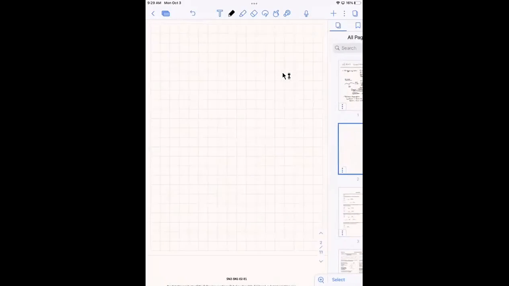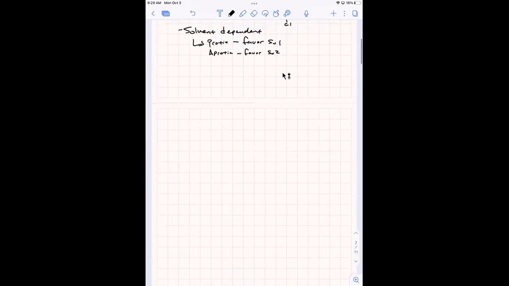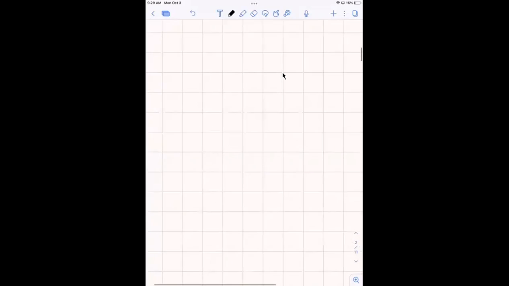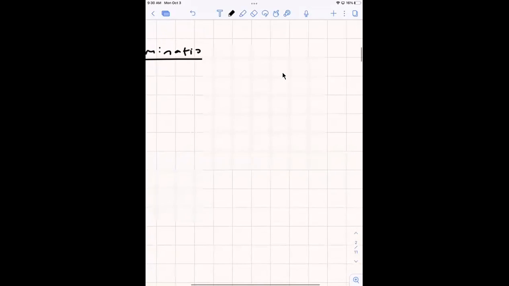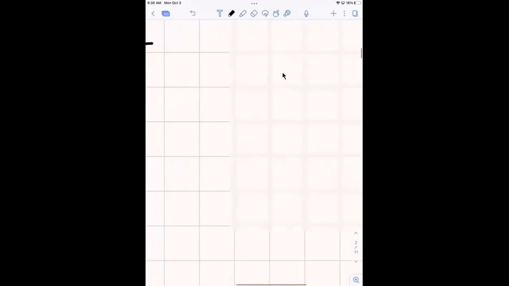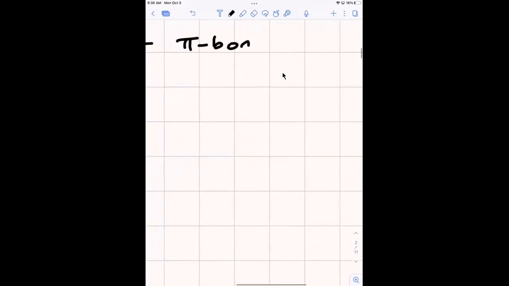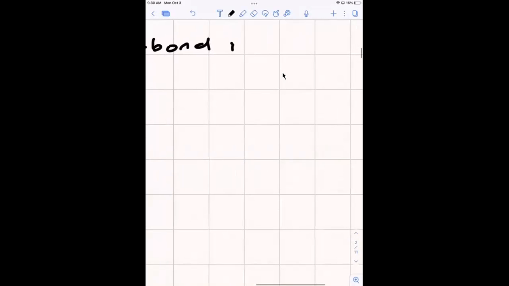All right, when we talk about elimination, we've seen some examples of elimination, but not direct elimination. One of the hallmarks of elimination is that you always generate a pi bond.